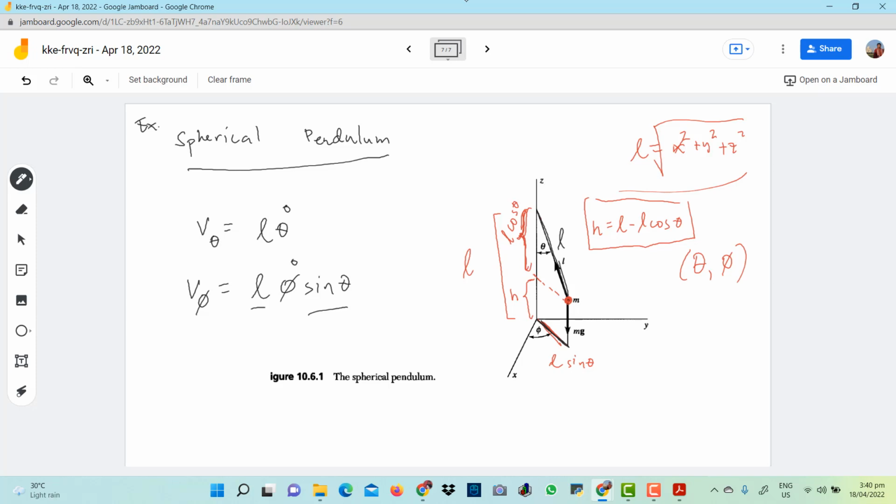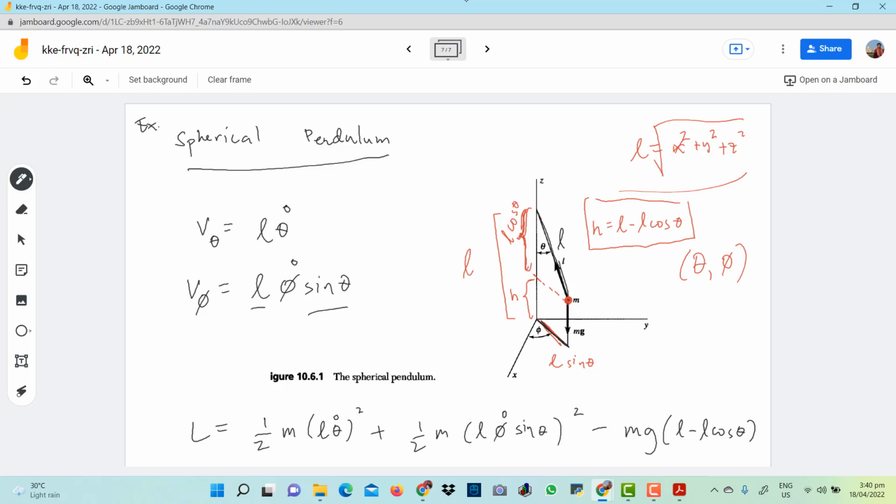Okay? So therefore, the Lagrangian is equal to 1 half m L theta dot squared, for the two kinetic energies, plus 1 half m L phi dot sine of theta squared, minus mg times L minus L cosine of theta.